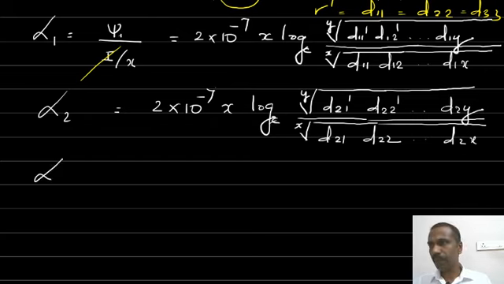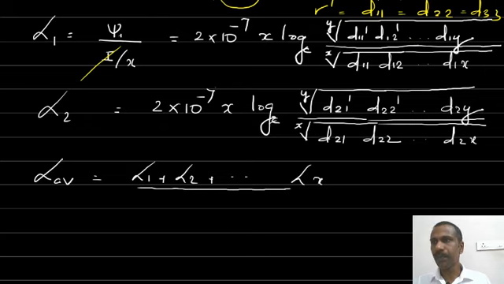Now let's find out the average inductance of each strand. Average inductance equals L1 plus L2 plus etc. up to Lx, divided by x. So we assume that this is the average inductance of each strand. So this will be equal to L1, this will be equal to L2. This is our assumption.